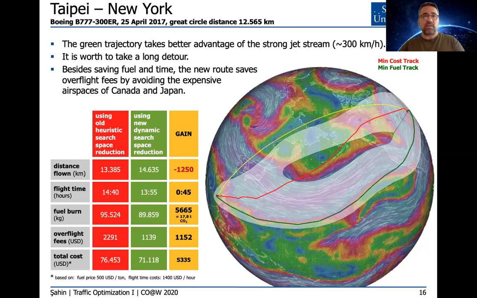For this particular example, a traditional heuristic would find the shortest path as the red one here. However, a more sophisticated heuristic that considers the effect of oceanic jet streams on the flights finds this green path, which is longer than the red one in distance, but saves time, fuel, and reduces cost significantly.